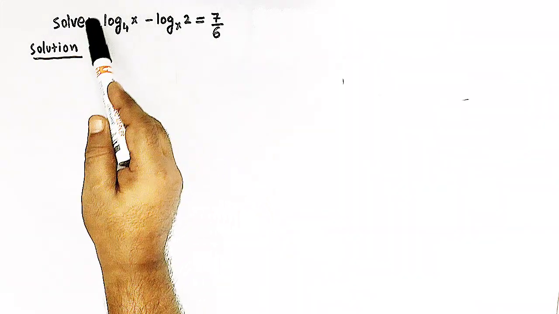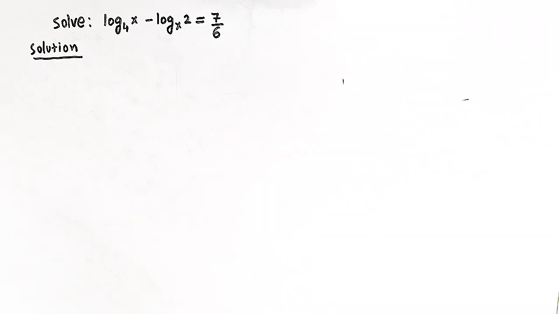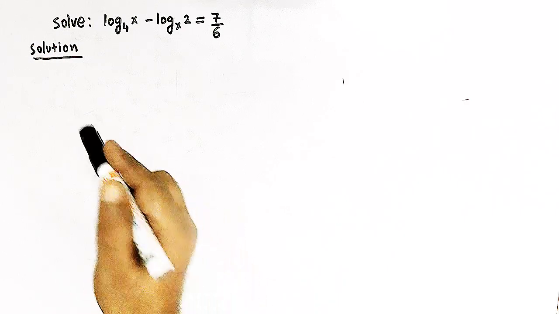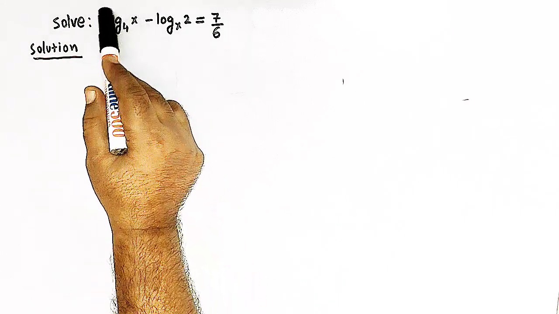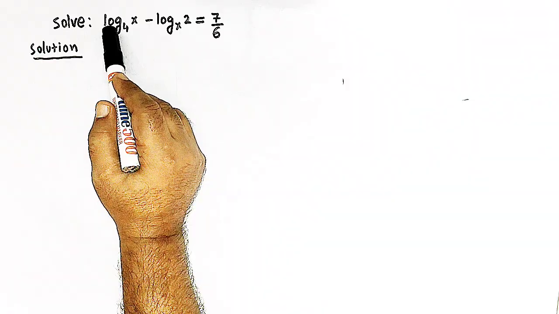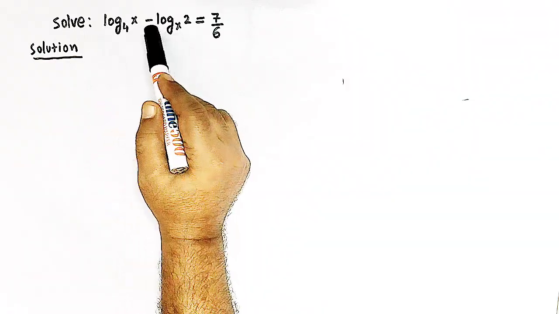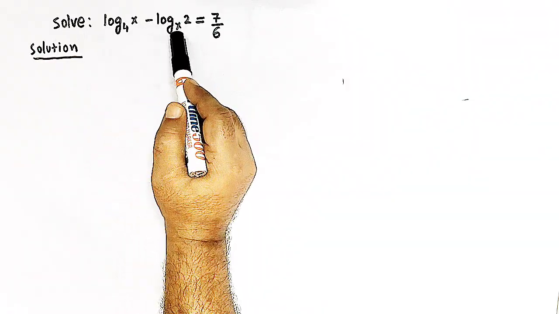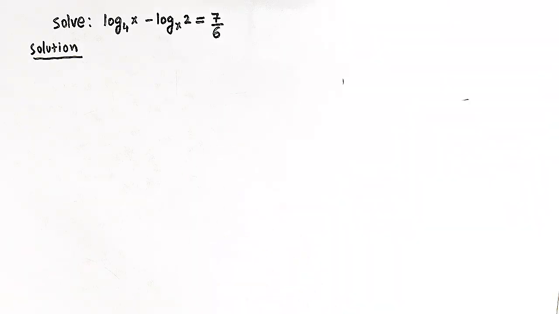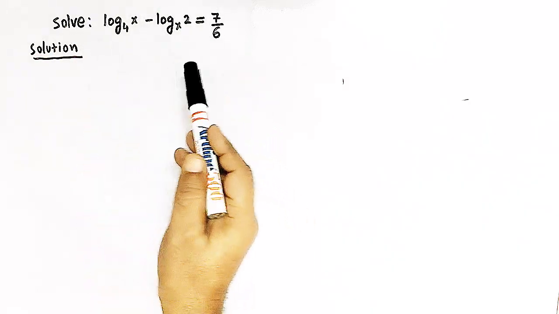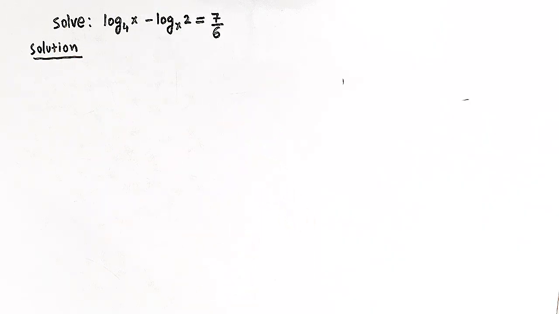So in order to find out the solution of this logarithmic equation, we are going to make use of some concepts, right? So the first one is to define the domain of these terms, that is logarithm of x to the base 4 and logarithm of 2 to the base x, and then we'll also make use of the base changing formula, and then we'll reduce this equation into a standard quadratic equation, right?